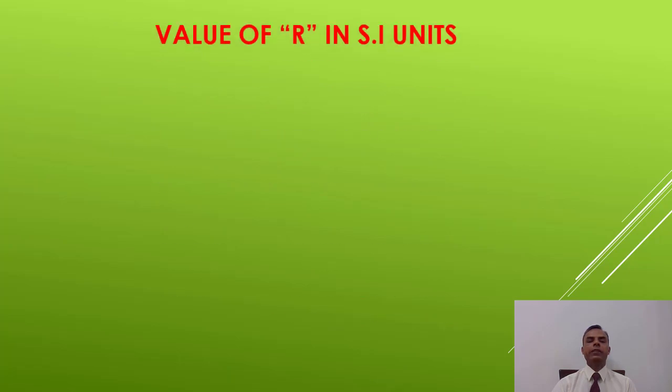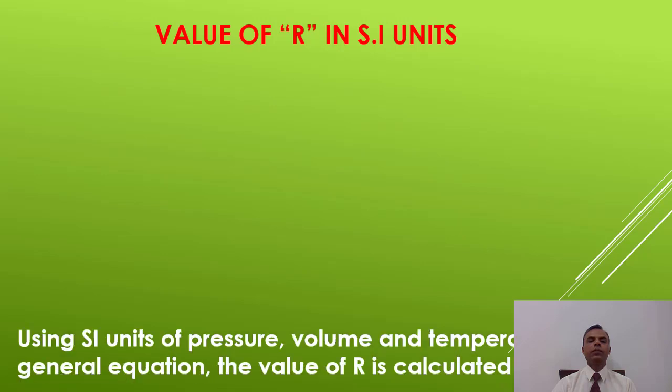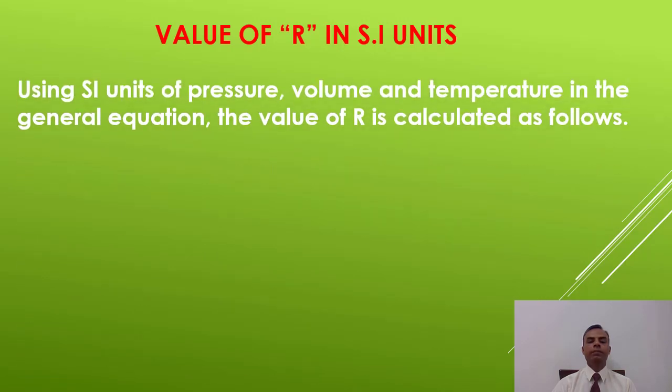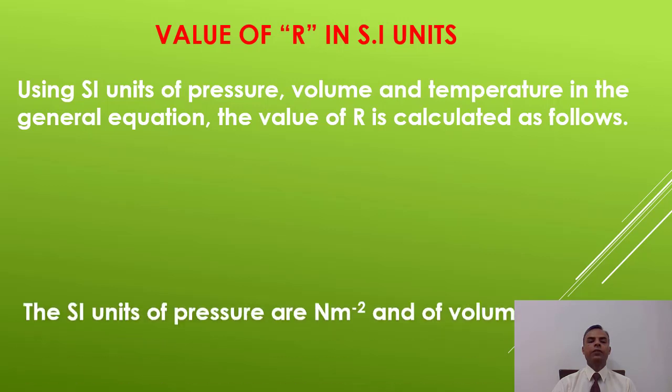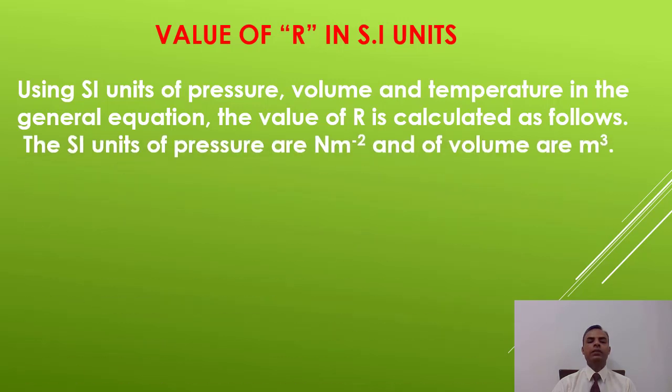Value of R in SI units. Using SI units of pressure, volume and temperature in the general gas equation, the value of R is calculated as follows. The SI units of pressure are Newton per meter square and volume are meter cube.